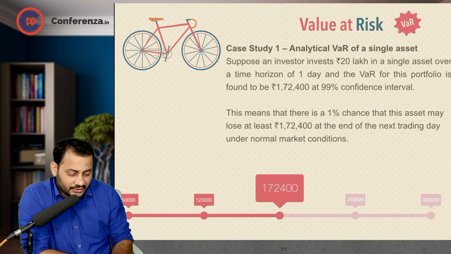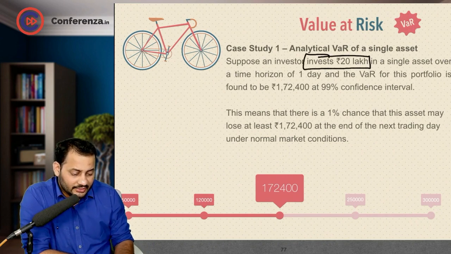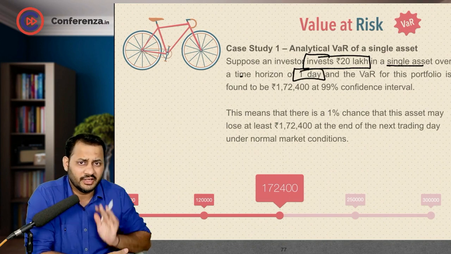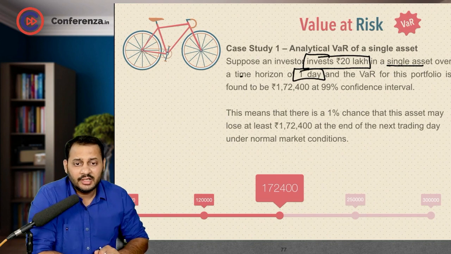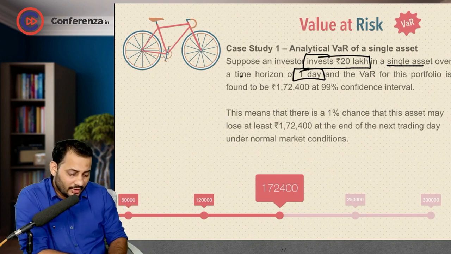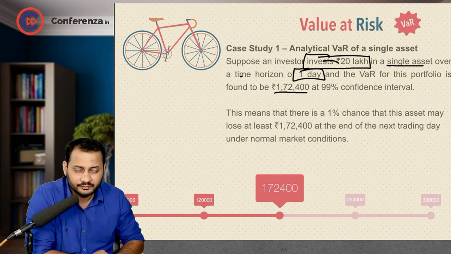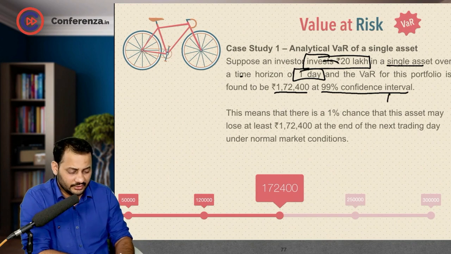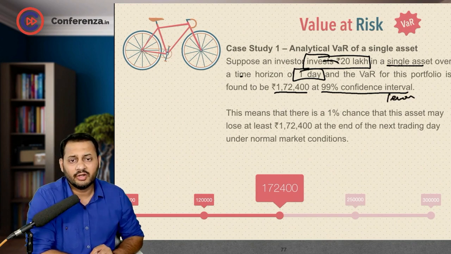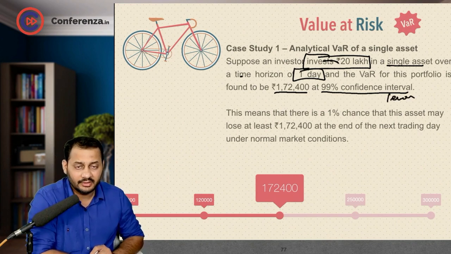Suppose an investor invests around 20 lakhs in a single asset over a 1 day period. For just 1 day, he is investing 20 lakh rupees. And if I say that his VAR, the value at risk, is 1,72,400 at 99% confidence level in this case, what does that mean and how to interpret it?